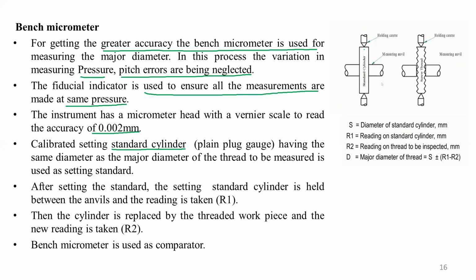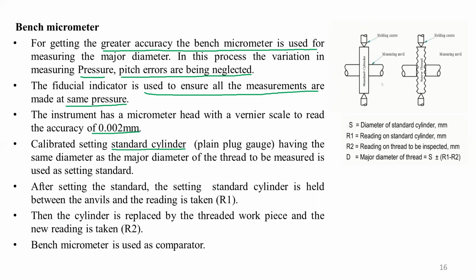The standard cylinder is placed between the holding centers and the measuring anvils are moved onto the standard cylinder, and then we take the reading on the standard cylinder. Here the standard cylinder diameter is approximately the same as the size of the major diameter of the screw thread.